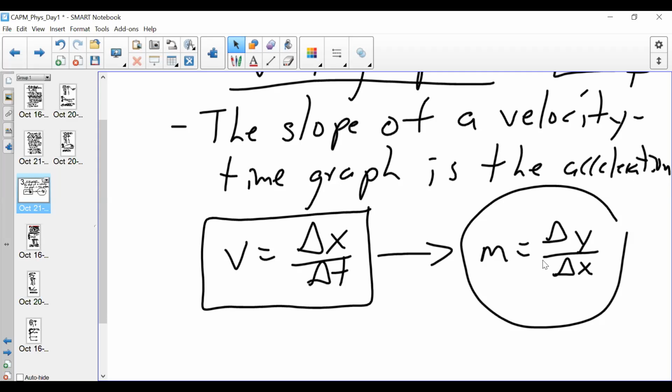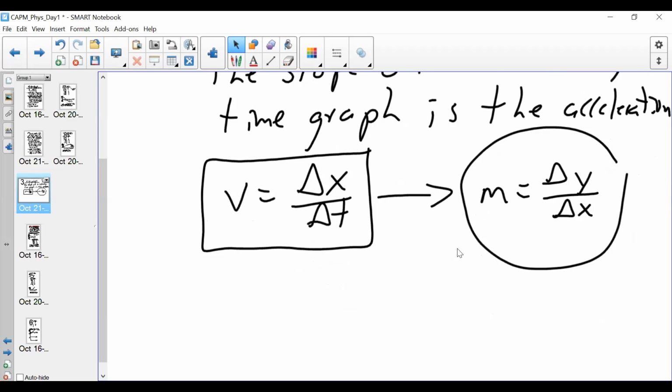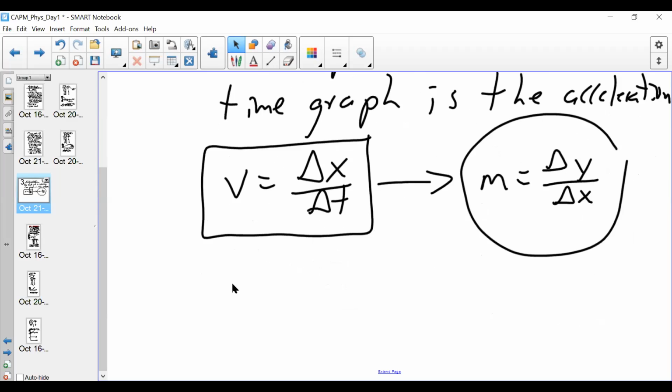This is slope. This is velocity, delta x over delta t. Therefore, we can say by the logic here that the slope of a position time graph is the velocity, much like the slope of a velocity time graph is the acceleration, because that's also a slope equation.